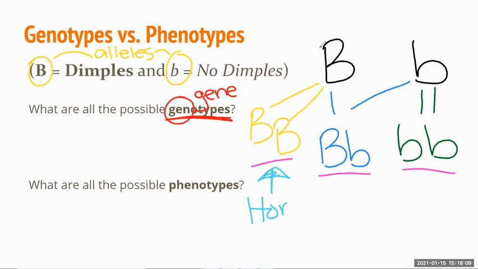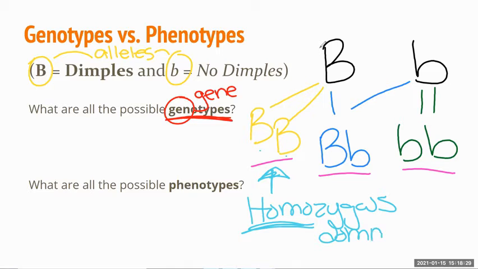This one we call homozygous dominant. It's homo because homo means the same. And you can see that they're both the same allele. They're both big B's. So not only are they homozygous, they're also dominant because they're both dominant alleles. So that one we would call homozygous dominant. Homo because they're the same, and dominant to specify that they're both dominant alleles instead of recessive alleles.